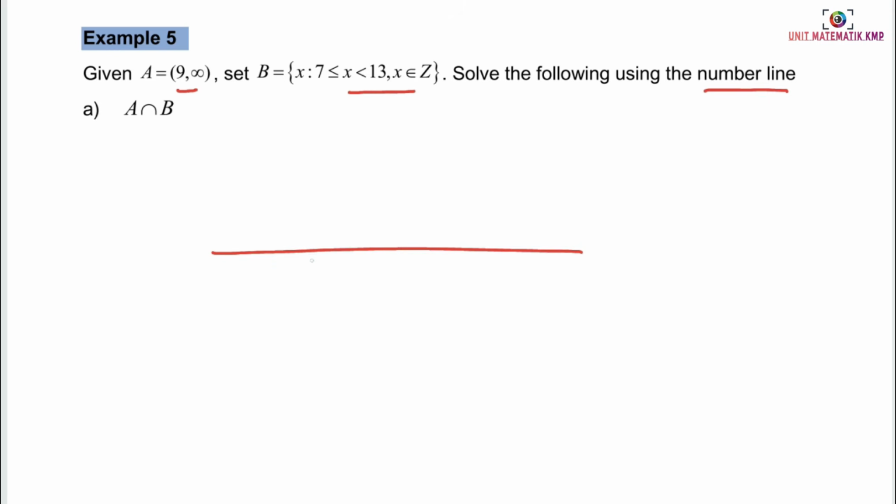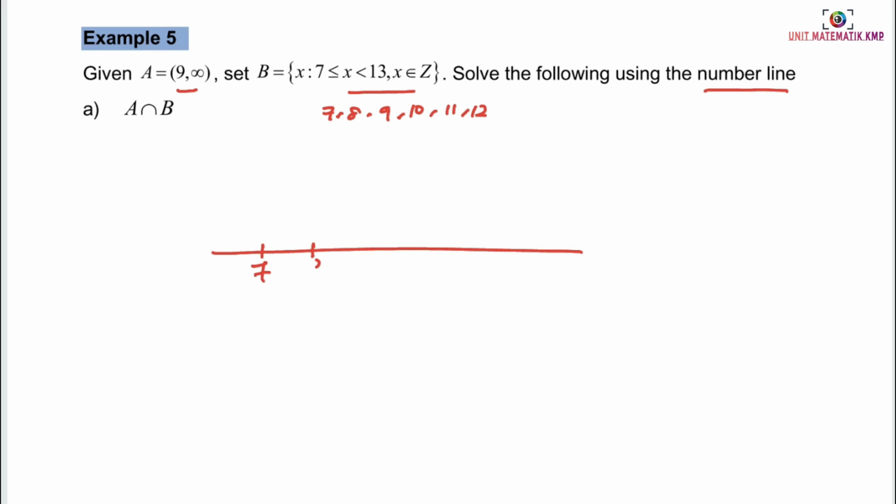Mark the number line using the end values of the intervals according to their values. From A and set B, the smaller value to higher value are 7, 8, 9, 10, 11, 12 and infinity. Mark the values on the number line.